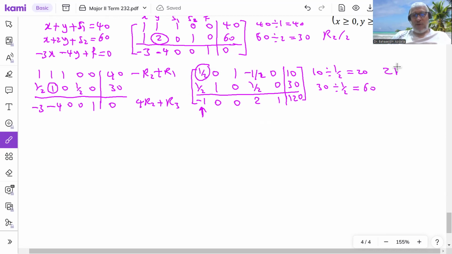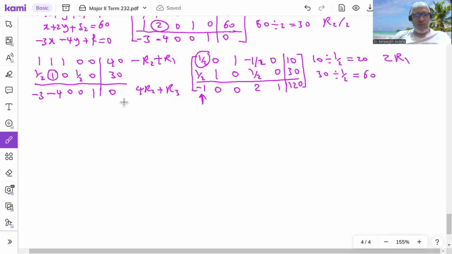I make it 1. So I multiply row 1 by 2. So row 1 would be 2 times half, 2 times negative half, and I write, this is the pivot entry.